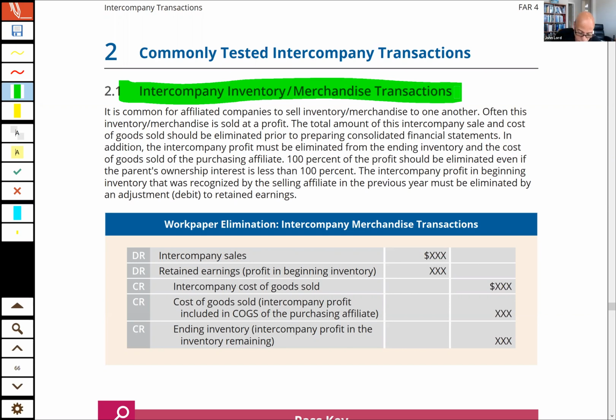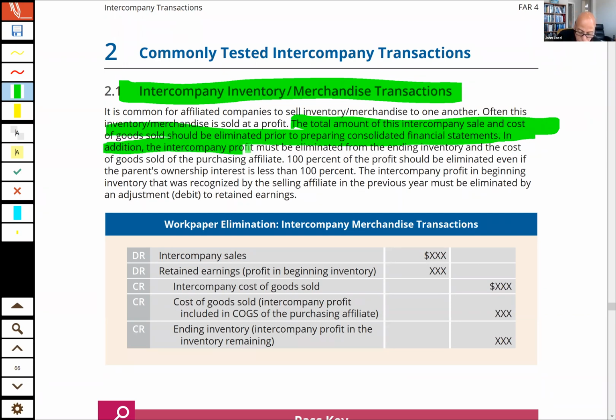The total amount of intercompany sale and cost of goods sold should be eliminated for the purposes of our consolidation. In addition, the intercompany profit must be eliminated from the ending inventory and cost of goods sold of the purchasing affiliate. So go ahead and flashcard that.